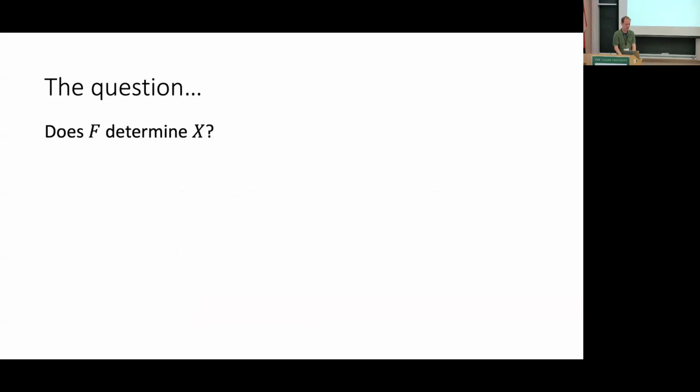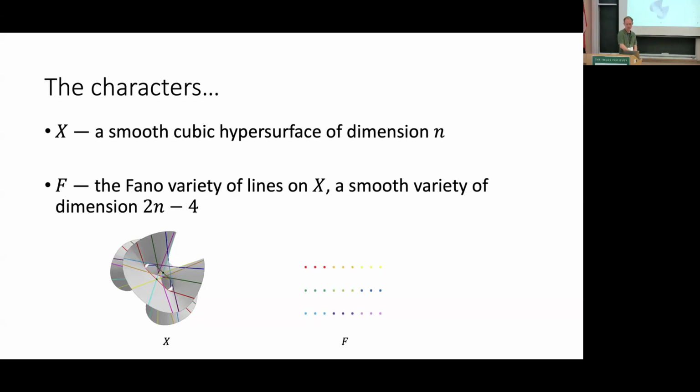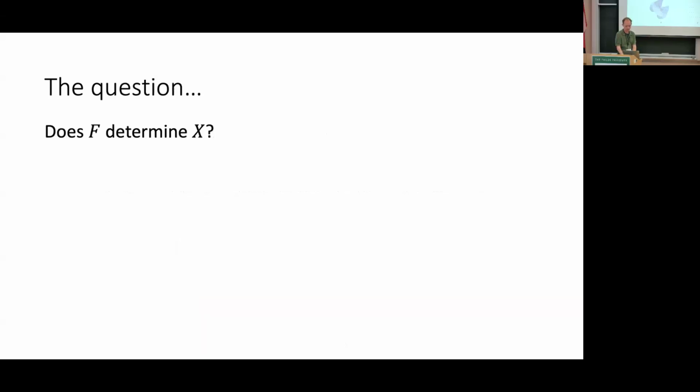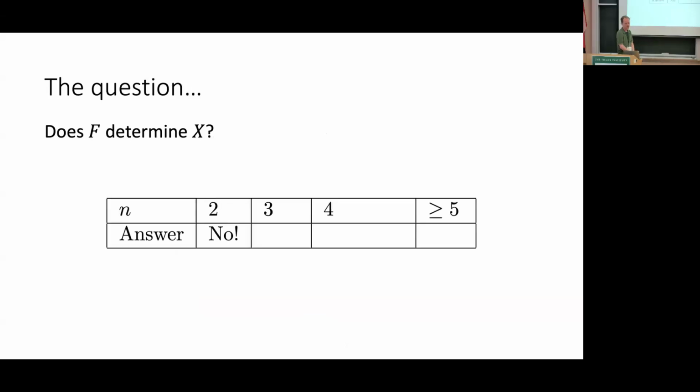So then here's the big question, does F determine X? And I guess if we go back to this example of the cubic surface, you can see definitely not in general, because any two cubic surfaces have the same Fano variety of lines, just 27 points, right? But two cubic surfaces need not be the same. So just by varying n, in dimension 2, the answer is no, very far from being true.